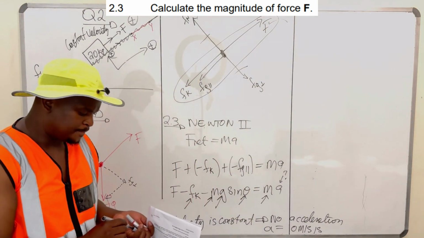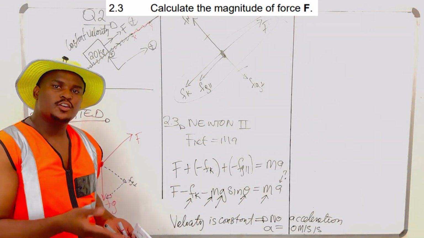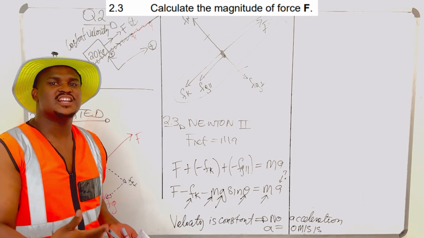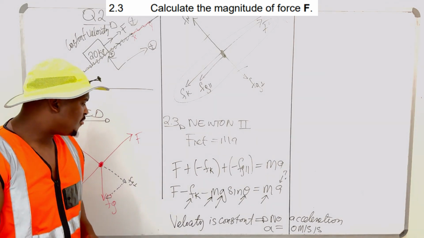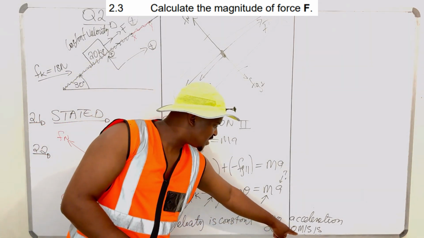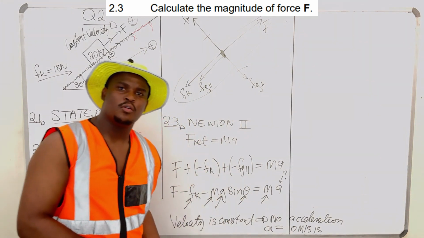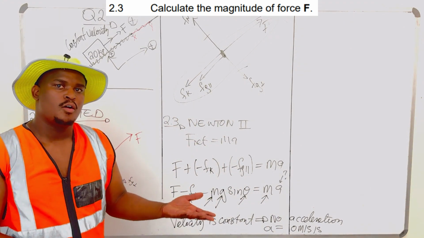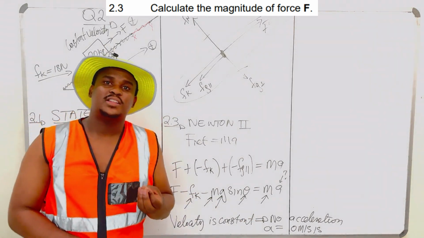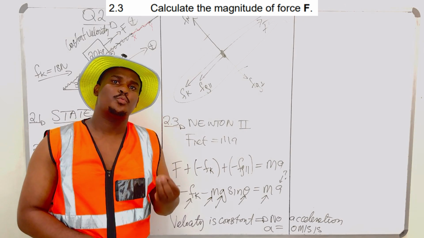Because acceleration is the rate of change in velocity. In simple terms, it measures how much velocity changes per second. But our velocity is constant, so it does not change per second. We're told the velocity is constant at 2 meters per second.